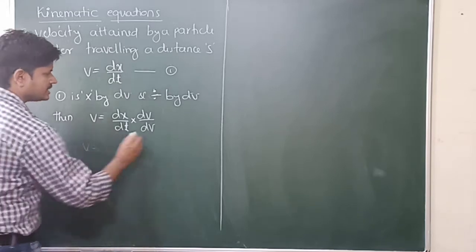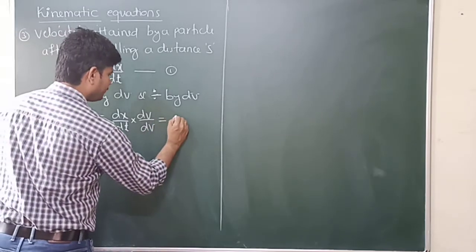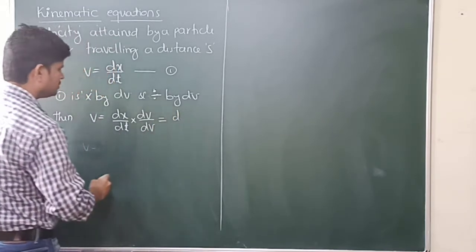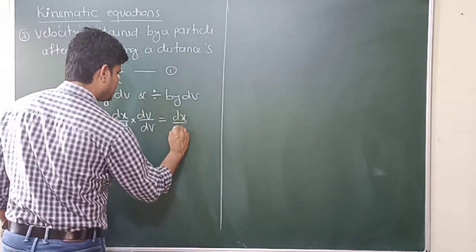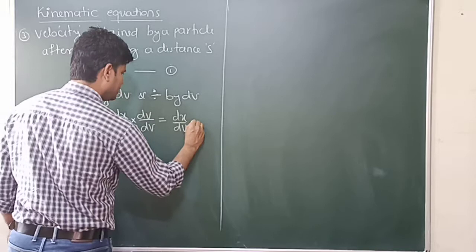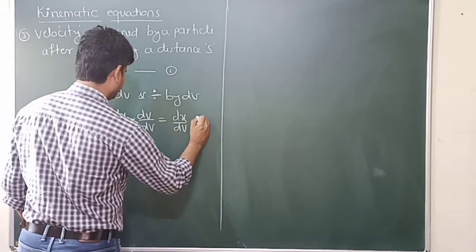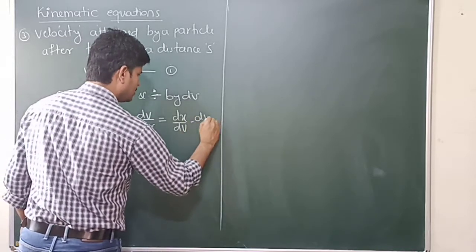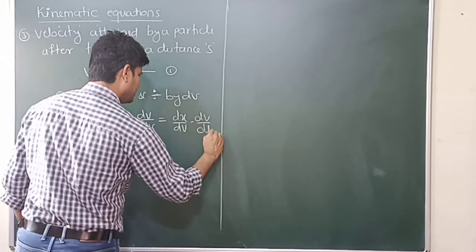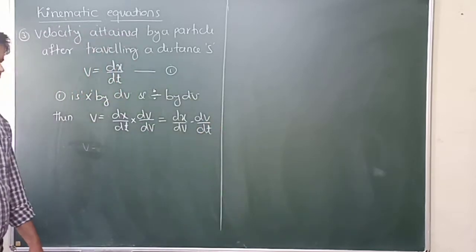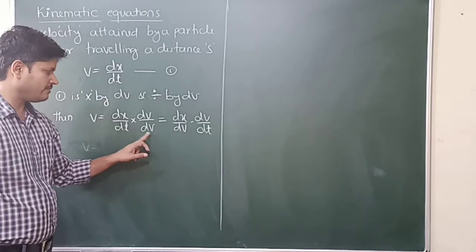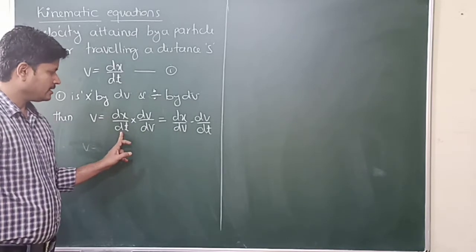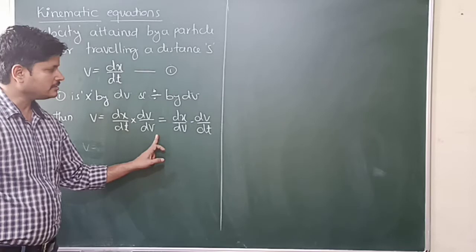Just simply dx by dv into dv by dt, dv by dt, dx by dv. Just first I have taken dv to the left side and dt on this side.